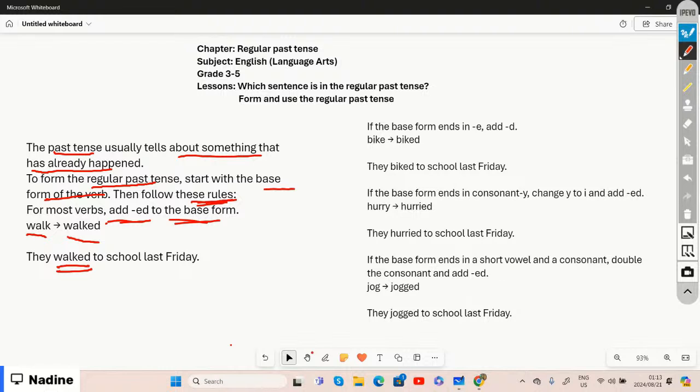All right. So remember we said that when it comes to regular past tense, we need to follow these rules, and the rules are to add ed to the base form of the word, or d if the word ends with an e. So if the base form ends in e, like we said, we add a d.